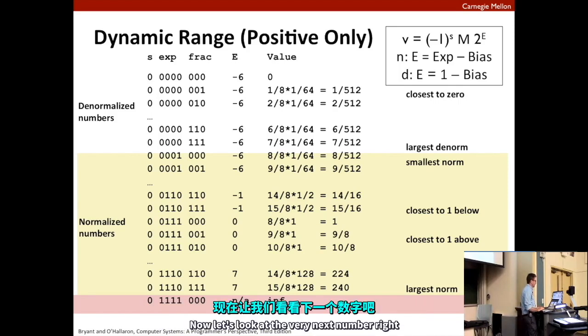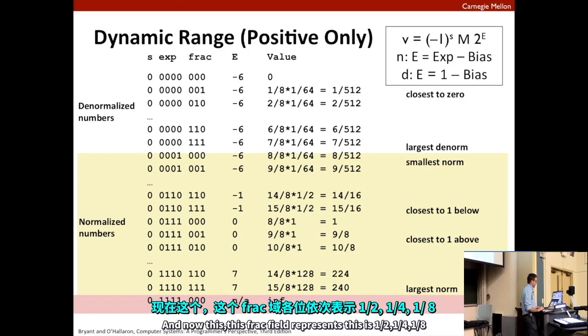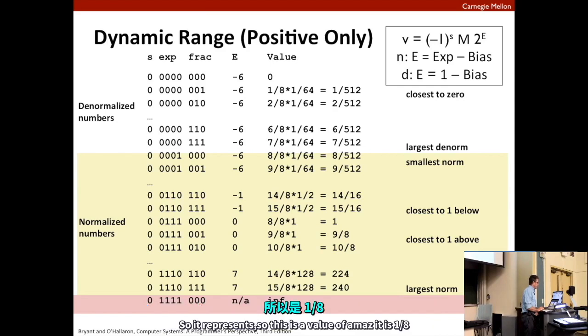Now let's look at the very next number. The exp is still 0, and we've just bumped up frac by 1. So again, it's 1 minus the bias, which is minus 6. And now this frac field represents, this is 1/2, 1/4, 1/8, so this is a value of m of 1/8.